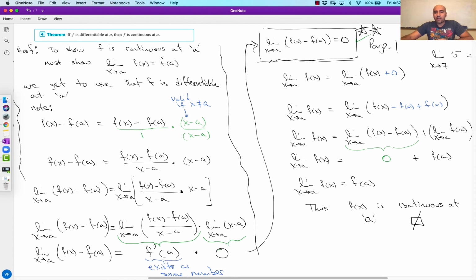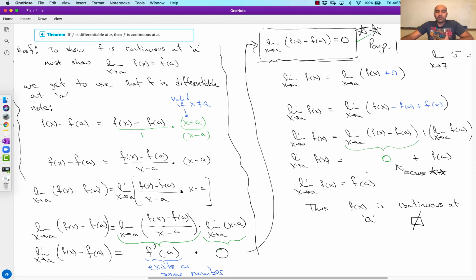Then when I reference it here and say this is equal to 0, I might say, oh, okay, well, because of the stars, go back to page 1 to figure out why this is true. So now when you move on to page 2, you put it all nice and neat.